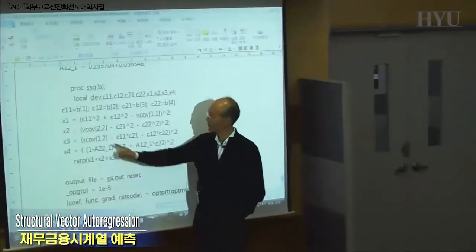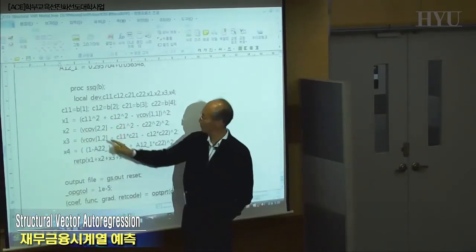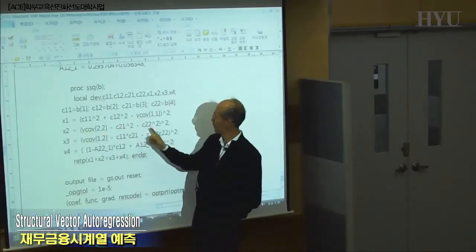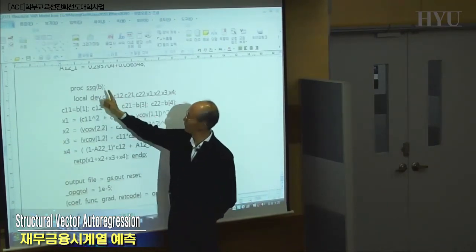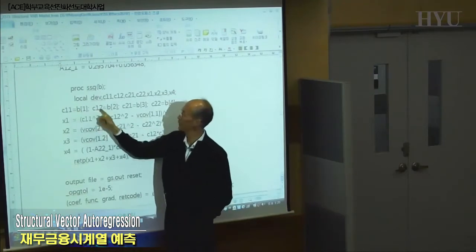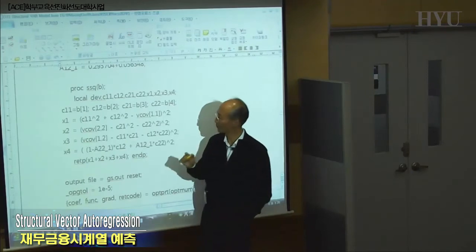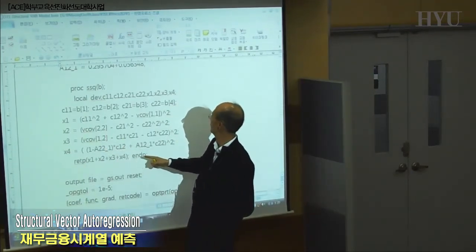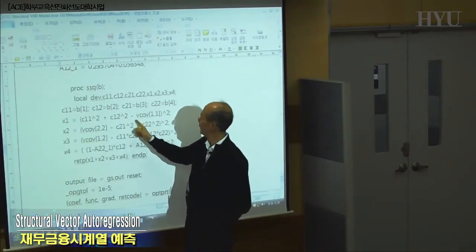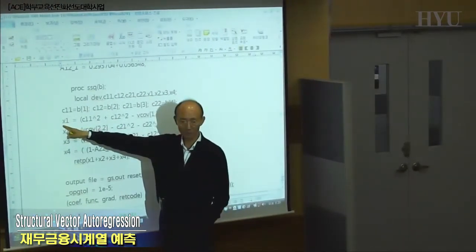First equation, this is C110, C120, C210, C220. So I give 4 initial guesses, and these are my components of C0. The left-hand side and right-hand side, the difference has to be close to 0, right?